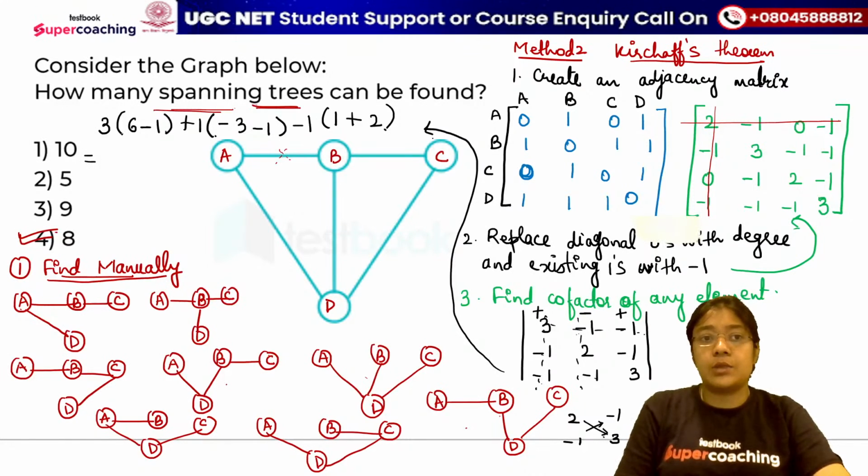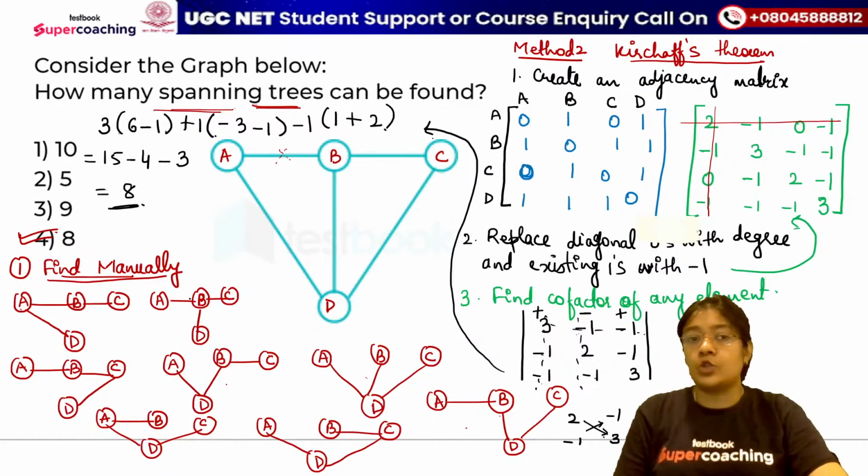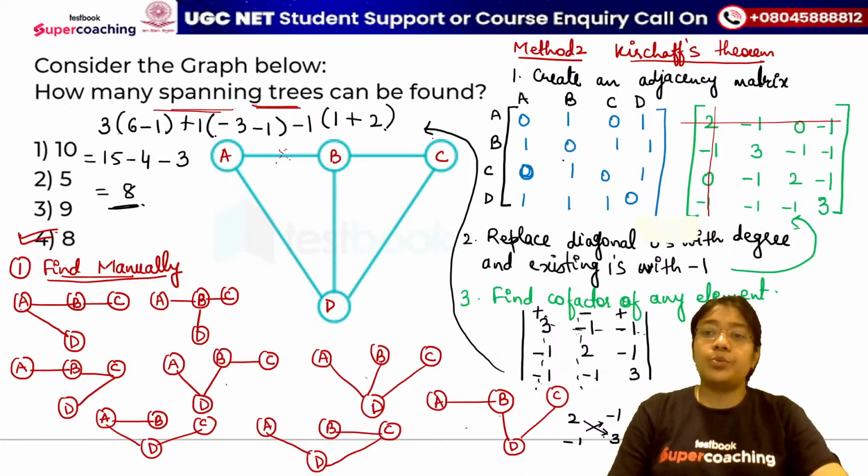Simplify it. 3 into 5, 15 minus 4 and minus 3. 15 minus 7 is 8. That is nothing but 8. So with Kirchhoff's theorem also we are getting 8.